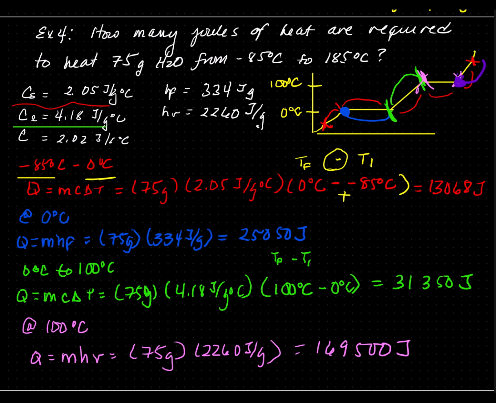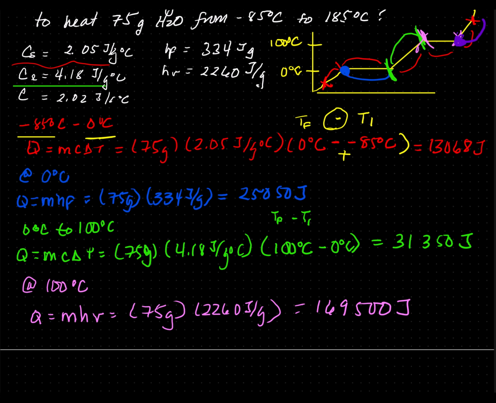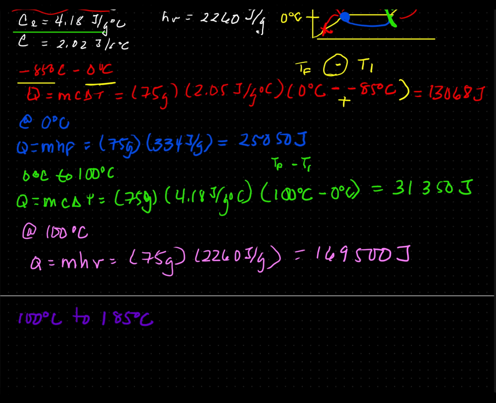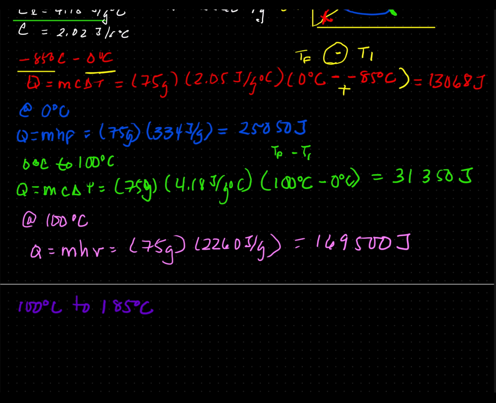The steam has to be raised higher in temperature. So we are going from 100 degrees Celsius steam to 185 degrees Celsius steam. Since there is a temperature change, this is going to be Q is equal to mC delta T. My mass is still the same because it's the same substance, 75 grams.